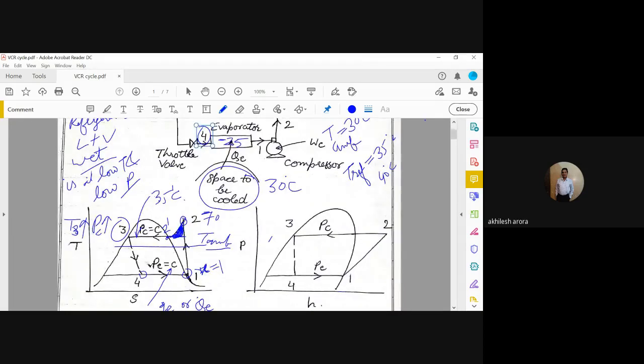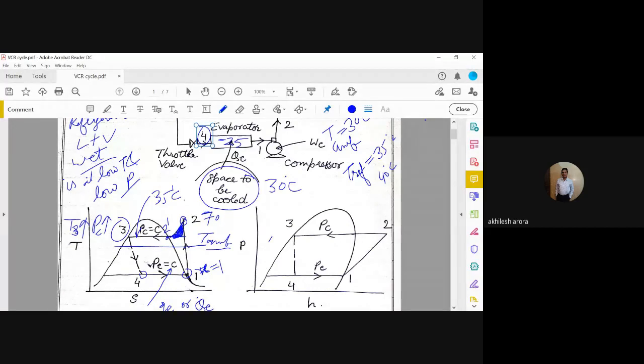So 3 to 4 shows the process of isenthalpic expansion, and I have shown it by a dotted line because throttling is always an irreversible process. Once we reach state point 4, we have finally reached the same state point from where we started this cycle.